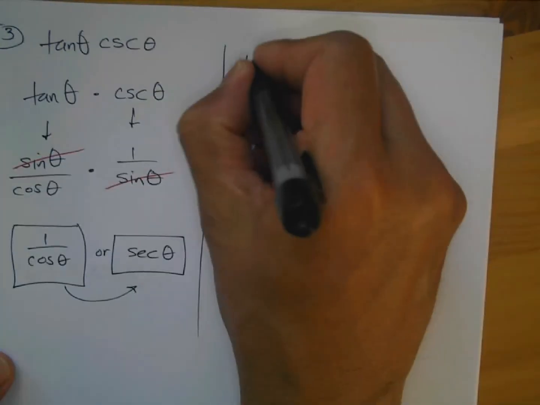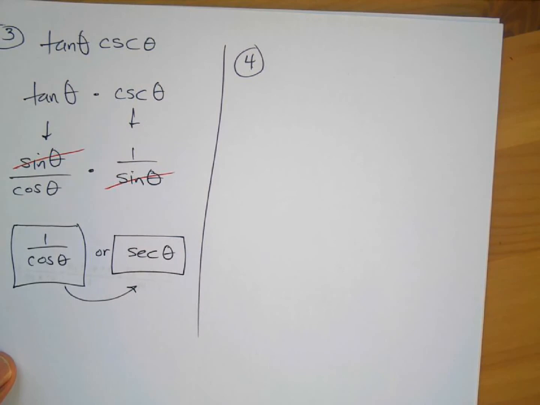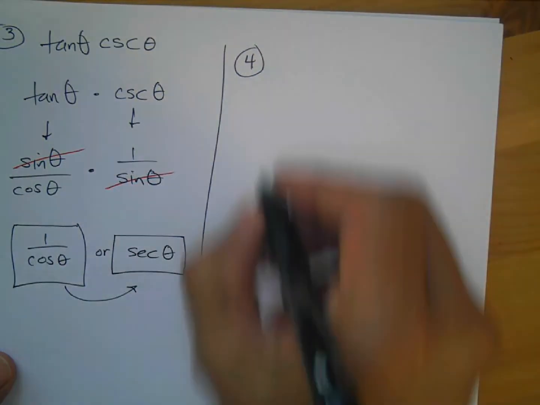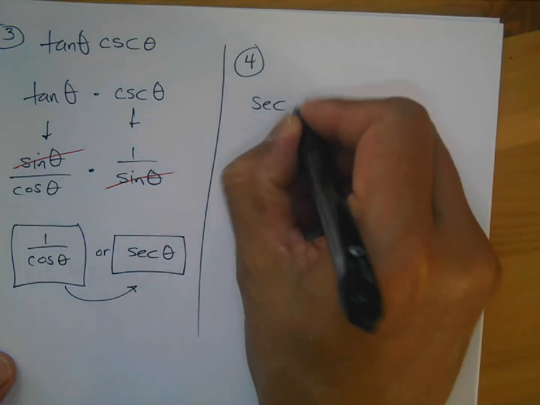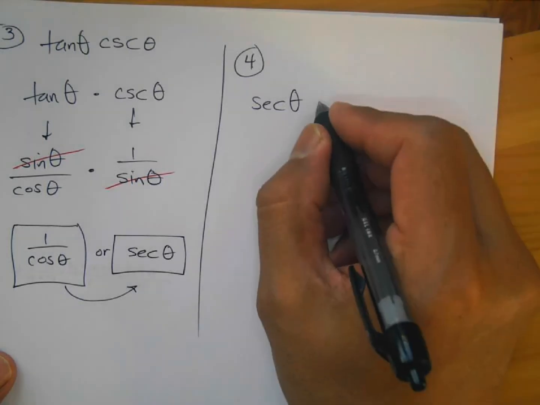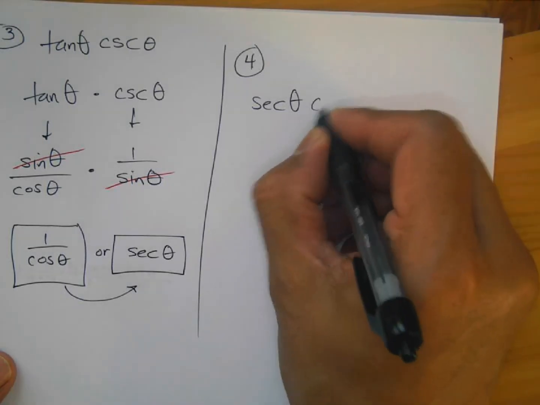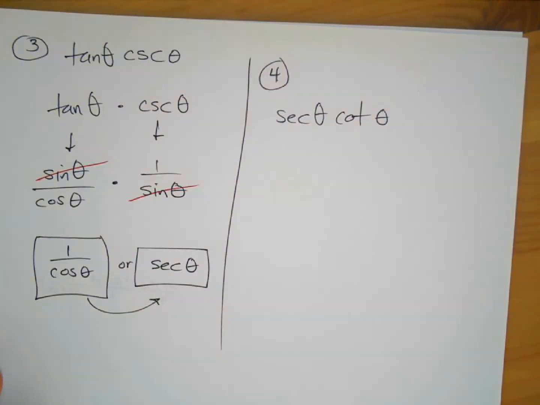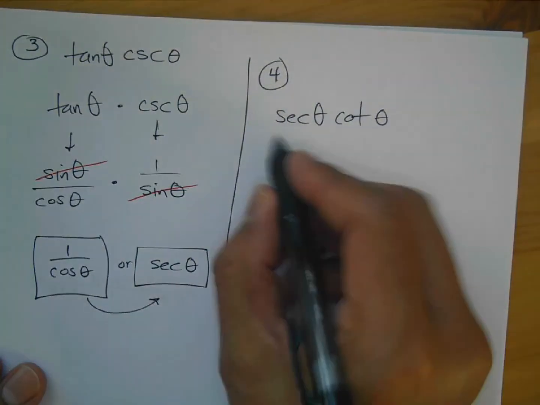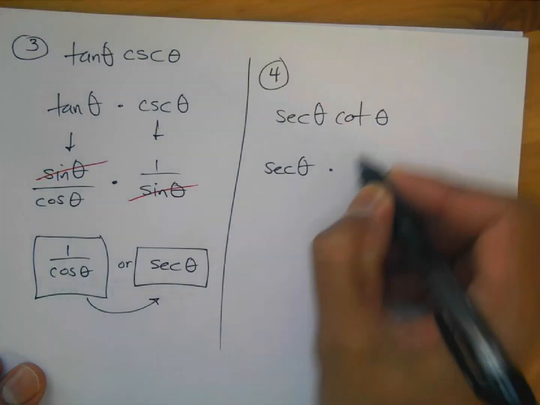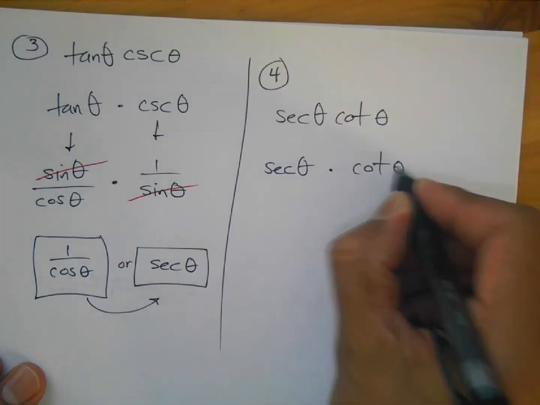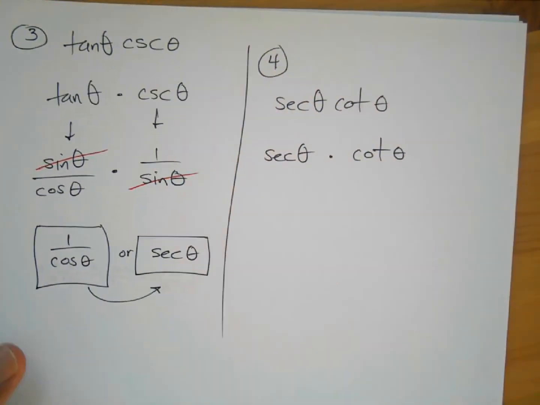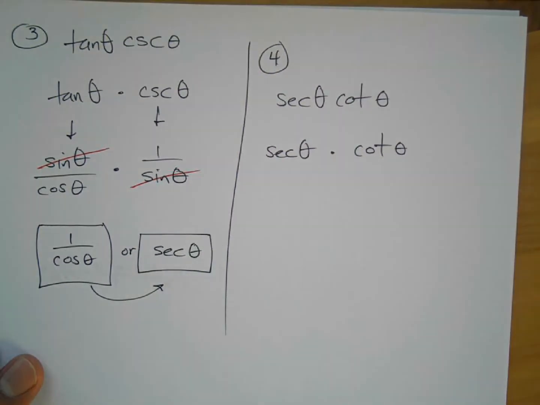Okay, number 4. Secant cotangent. What does it mean that they're together like that? It means you're multiplying a secant times a cotangent. And the big clue is to always work with sine and cosine.